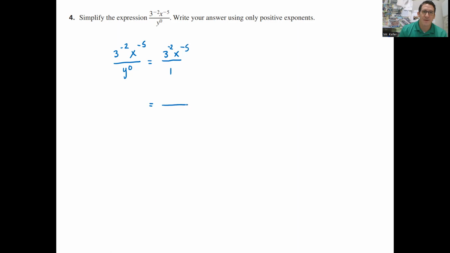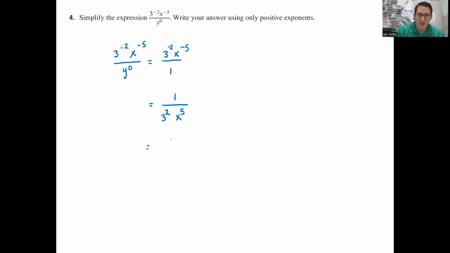Think of it this way: these both switch sides of the fraction. The 3 to the negative 2 goes to the bottom, and the exponent becomes positive. The same thing happens to the x to the negative 5. It moves to the bottom of the fraction, the exponent becomes positive, and 1 goes on top.